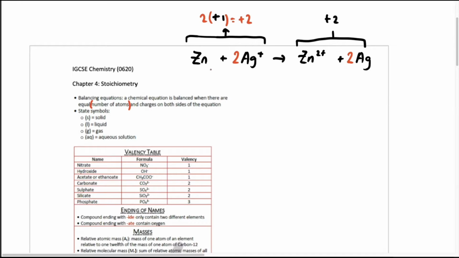In terms of charges, it is balanced also. You see +2 and +2. So we managed to balance the elements, instead of saying atoms, which is not that accurate because this is an atom, this is an ion. So the elements or substances are the same in number. Silver, same in numbers. The charge is also the same. Now we put the state symbol.